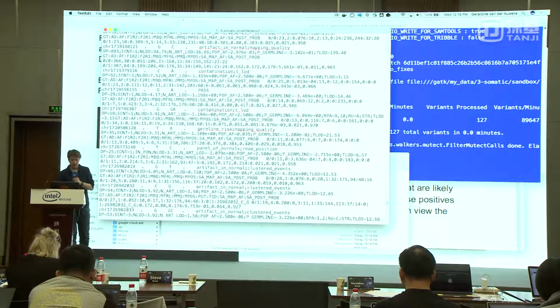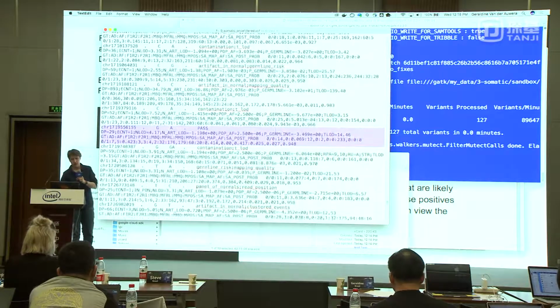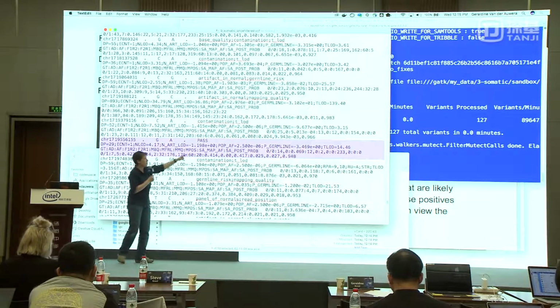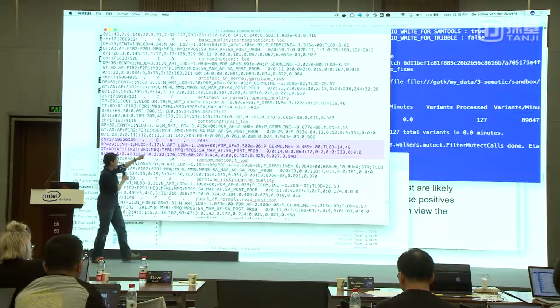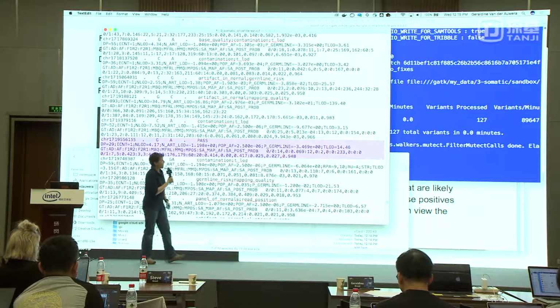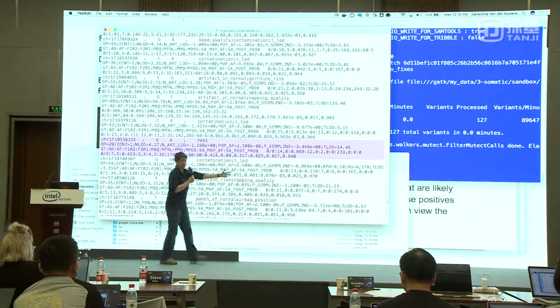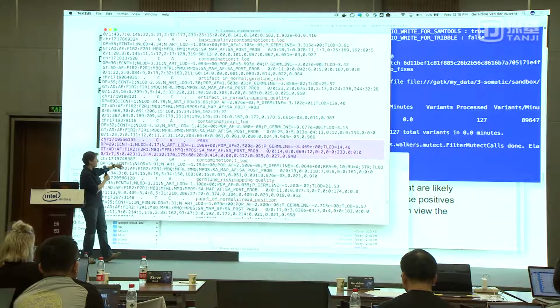And here we go. Here's a passing record. So this record, we've decided there's nothing wrong with it. We're happy with the call that we made based on the filtering that we gave it. We have a nice high TLOD of 14 that is well above our threshold of 5.3. We have very clear evidence.